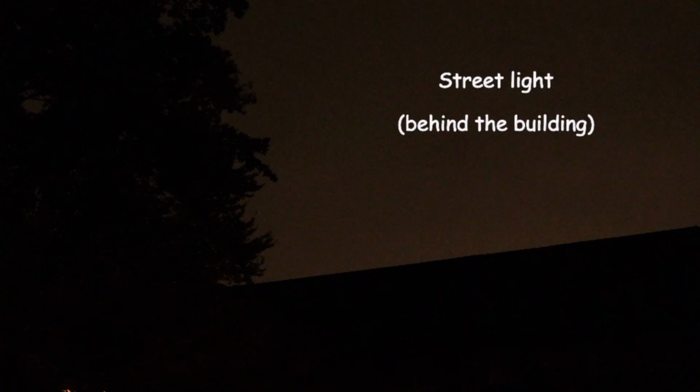You should wait until you have good weather conditions without clouds and as dark as it can get. That also means it is a good idea to check your calendar for the moon phases.